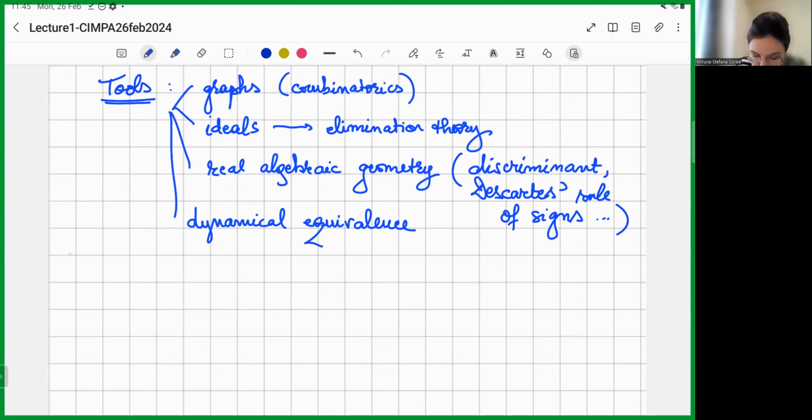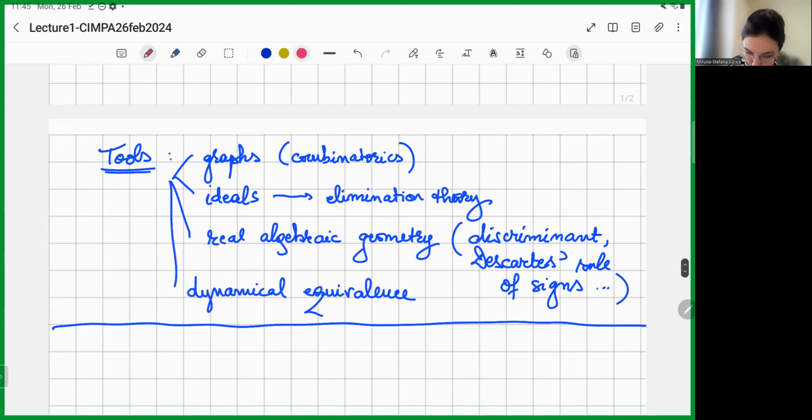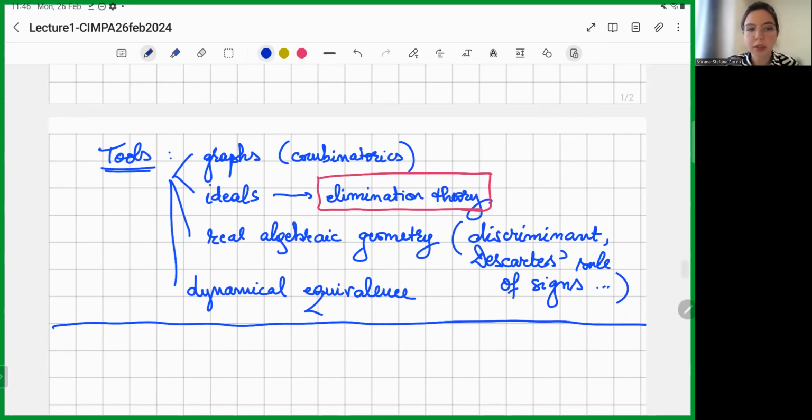Okay. So to this end, today I plan to focus on elimination theory, some aspects of it, and I know that this was already introduced somehow briefly last week, but we go into more detailed explanations and examples and theorems.